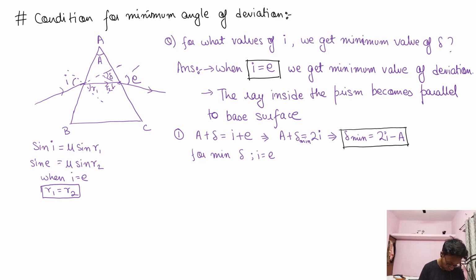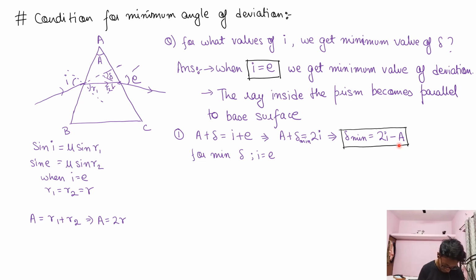And we know the angle of prism A is equal to R1 plus R2. Let R1 be R and R2 be R, so A is equal to R1 plus R2 is equal to 2R. So the angle of prism is equal to 2R.